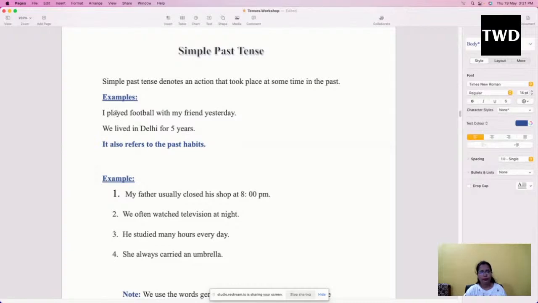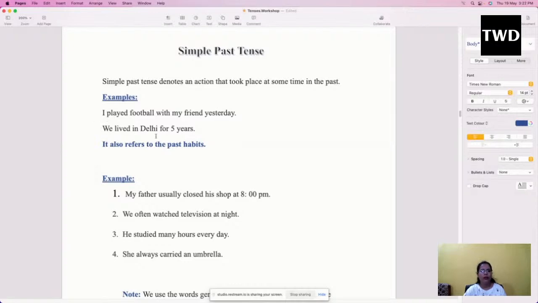And another thing you have to remember is that under past tense we do not use any subject verb agreement, because we have a particular V2 form of the verb which is applicable to all kinds of subjects, whether singular or plural. So I played football or we played football, both would be correct.